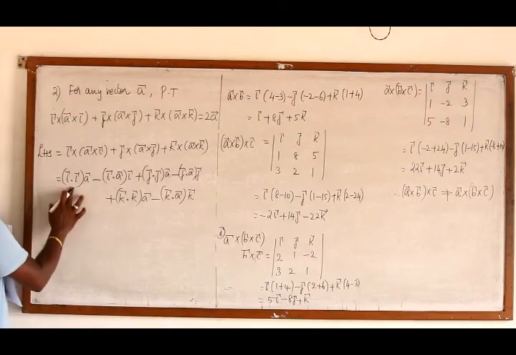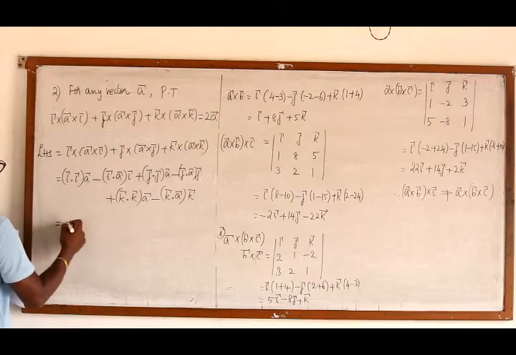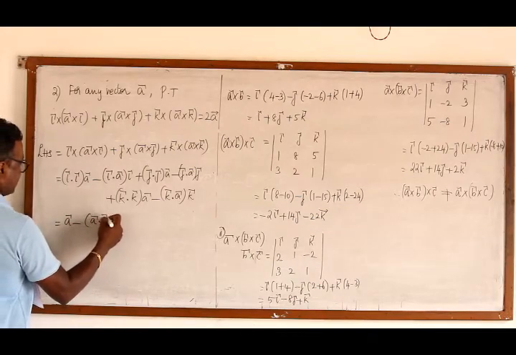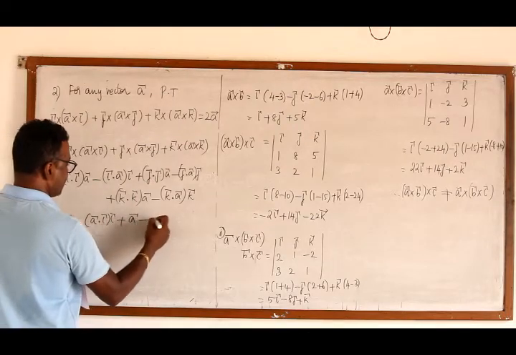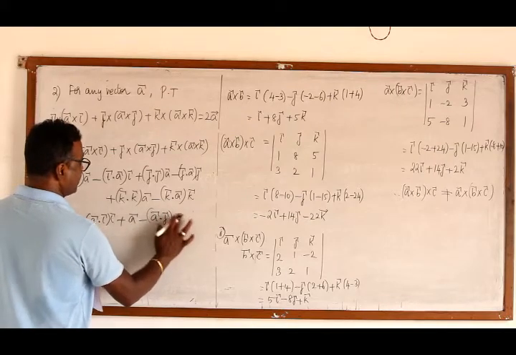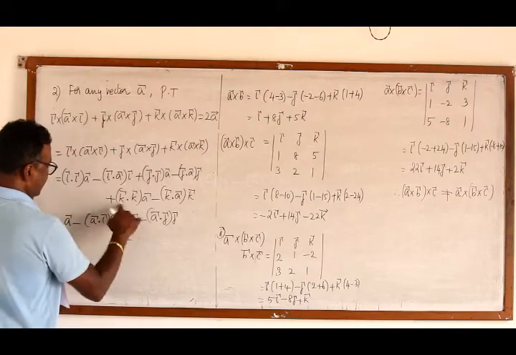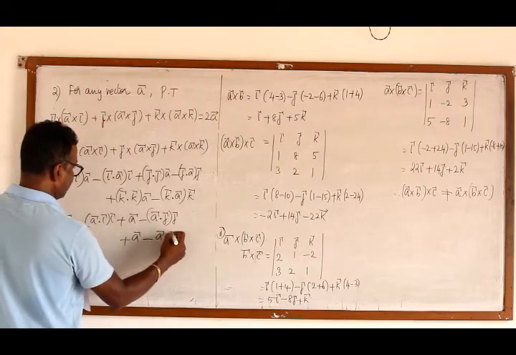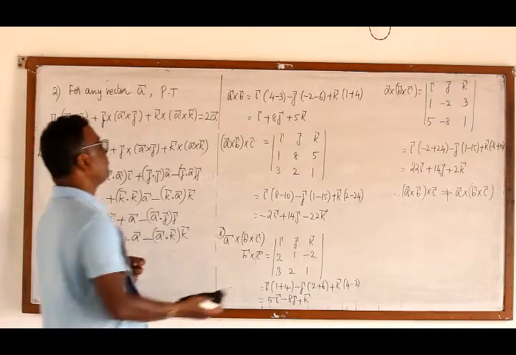We know i dot i is 1, j dot j is 1, k dot k is 1. So it is 1 into A minus (A dot i) into i. This is 1 into A is A, minus A dot j, because the dot product is commutative, so let me write j dot A as A dot j for a purpose. Then k dot k is 1, 1 into A is A, minus (A dot k) into k vector.